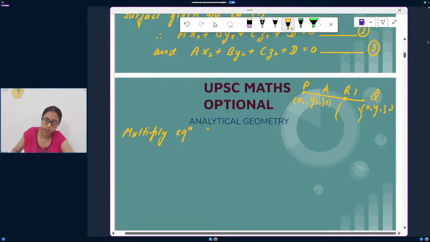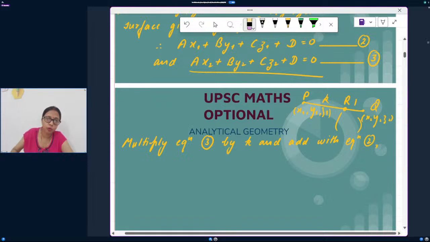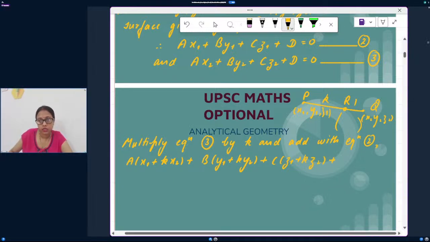Multiply equation 3 by k and add it with equation 2. So what will I get? If I multiply this by k and add it with this equation, then a common (x1 + kx2), b times (y1 + ky2), plus c times (z1 + kz2), plus d times (1 + k) is equal to 0.